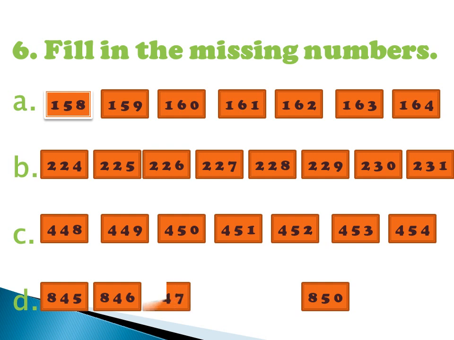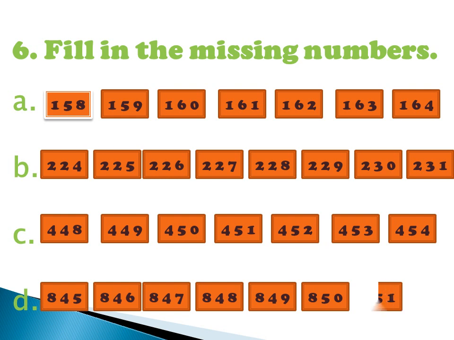Now start writing. 847, 848, 849, 850 is written there. 851 write down. 852 write down. With this we have finished question 6. Students, if you have not completed it, you can complete it. It's on the screen.